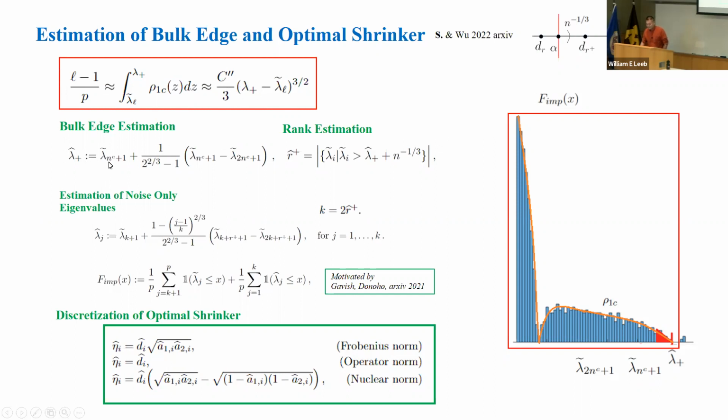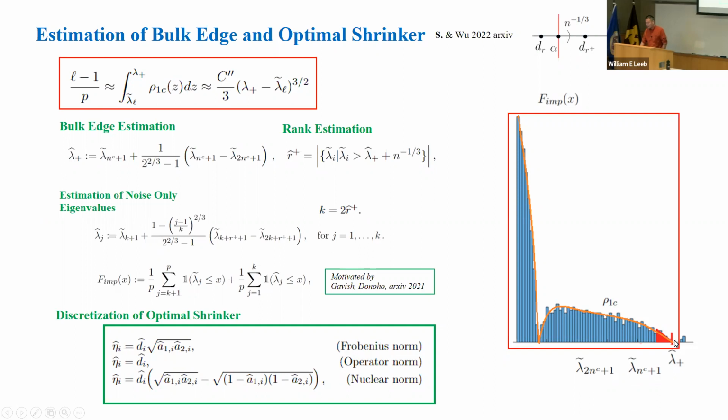For example, here I use the first L as n to the power c, where c is some small number from 0 to 1/2. And for the other value, I use 2 times n to the power c. So I have 2 values, then I can have an estimator of the bulk edge, which is called hat lambda plus.